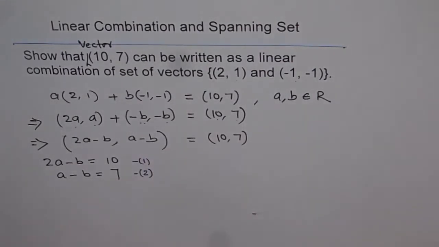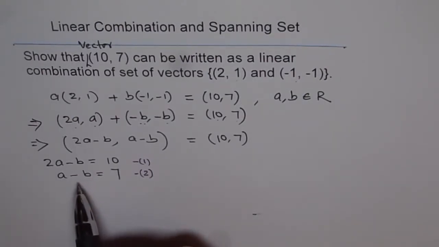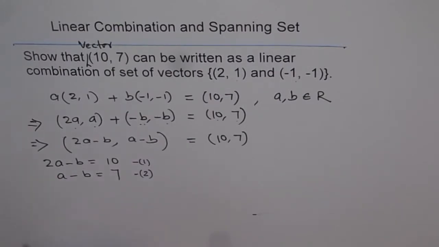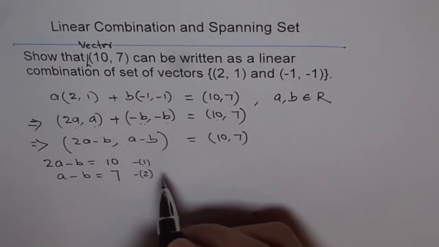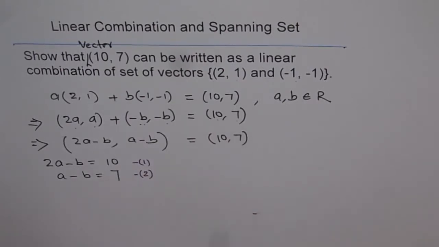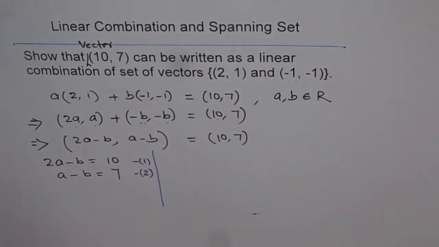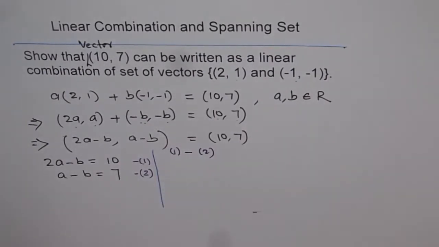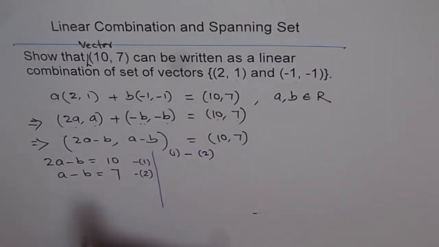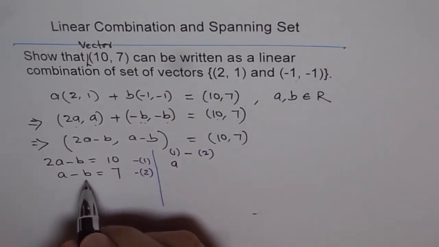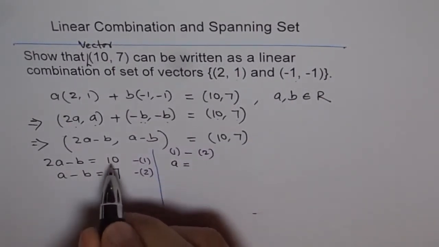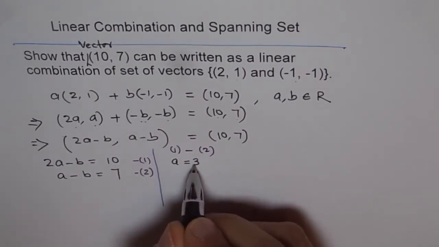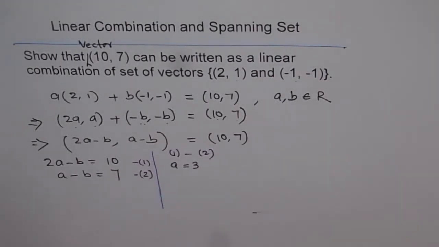Now we can solve them by elimination and find the values of A and B. If I do equation 1 minus equation 2, what do I get? 2A minus A is A, minus B minus minus B is 0, so A equals 10 minus 7, which is 3. So we get the value of A as 3, right?